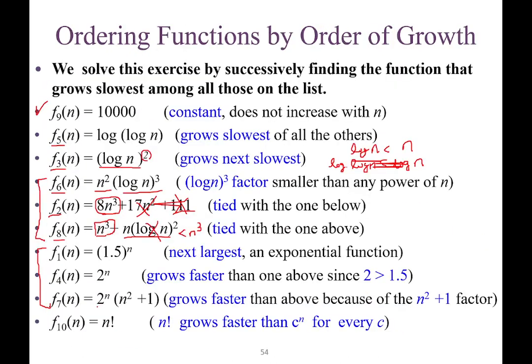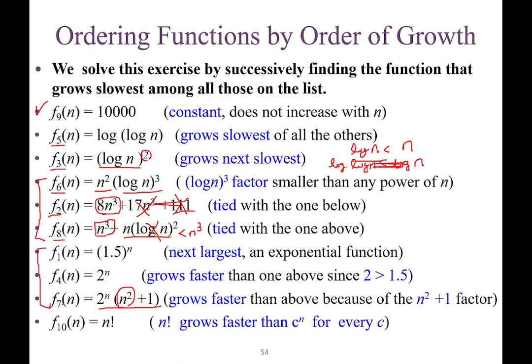Then we have 2 to the power of n times n squared plus 1, right? So we have another term. Remember theorem 2, it tells us for f1 times f2, the order is g1 times g2. So 2 to the power of n times n squared is larger than 2 to the power of n.